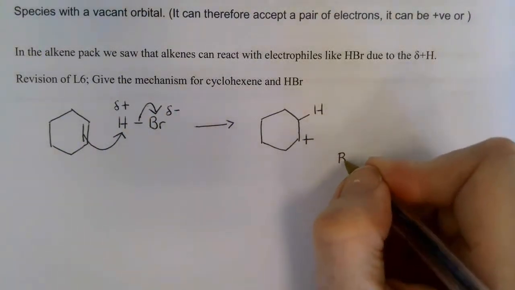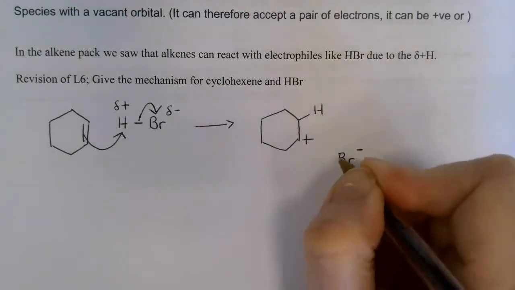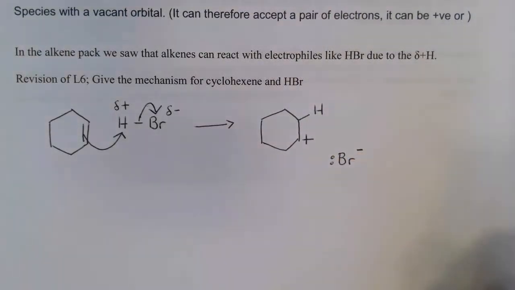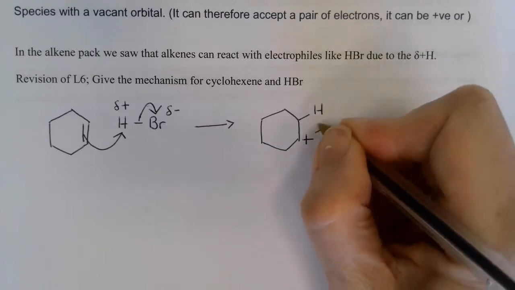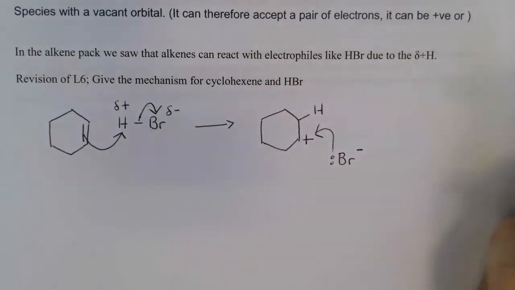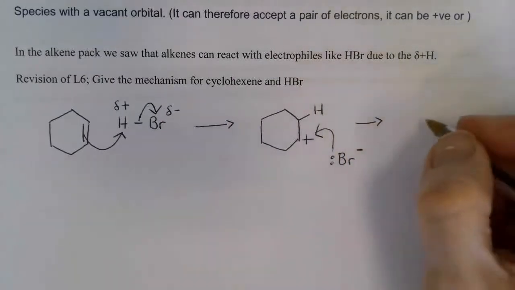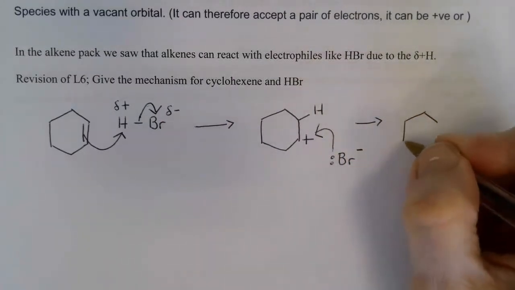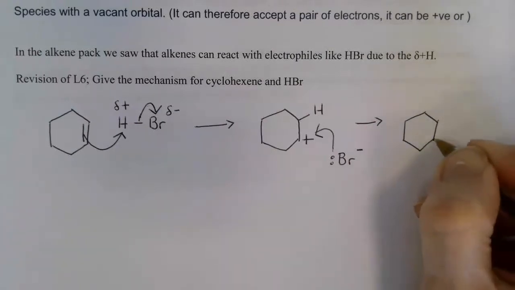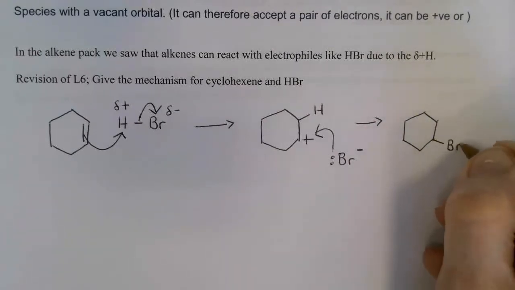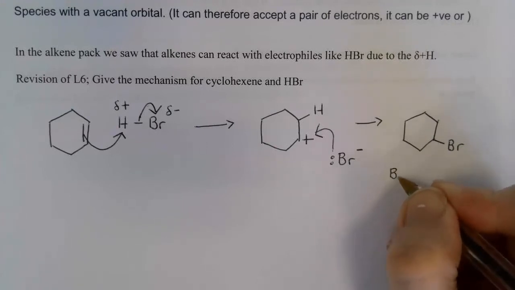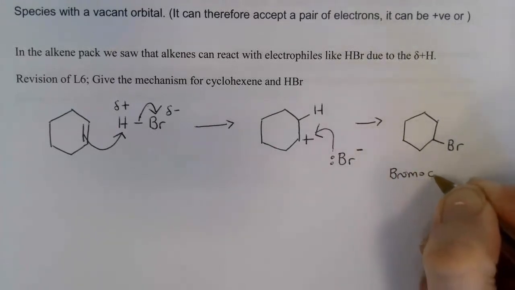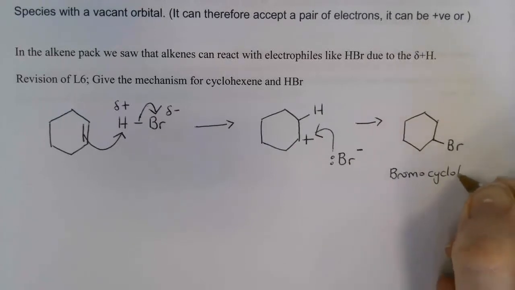But I've got a bromine now, or bromide I should say, with a full negative charge and a lone pair. That lone pair is attracted in to that carbon with the positive charge, and we get our compound. I go back to a skeletal, and I've made bromocyclohexane.